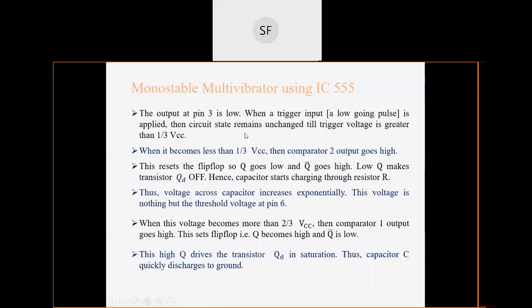ठीक है, तो आपका जो स्टेट है वो अनचेंज रहेगा, मतलब चेंज नहीं होगा जब तक आपका ट्रिगर का इनपुट 1 by 3 VCC से कम नहीं होता. The moment it becomes less than 1 by 3 VCC, the comparator 2 output goes high.